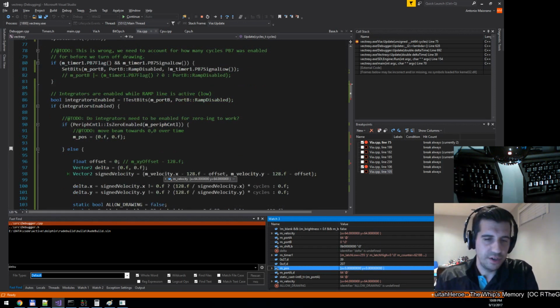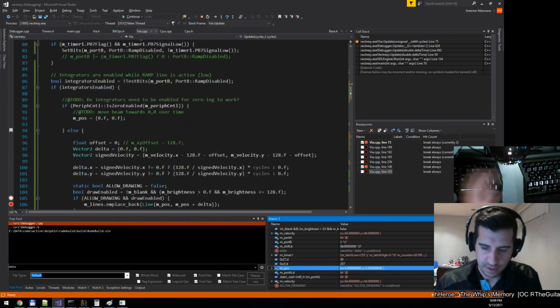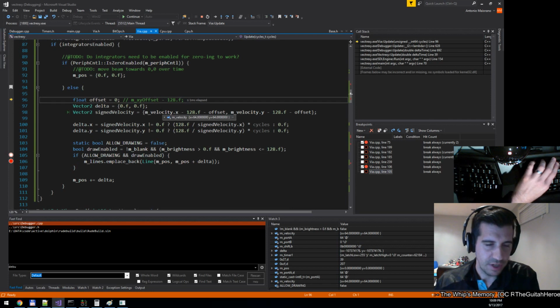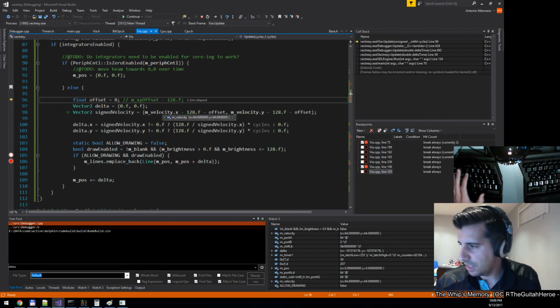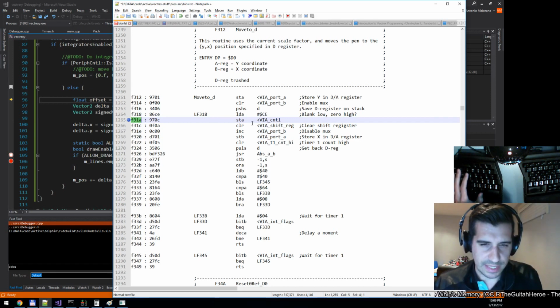Velocity is not cleared yet, but I suspect that we're going to end up drawing now. See, integrators are enabled. We're not zeroing, but our velocity is 64, 64. So that's not quite what I think is expected here.